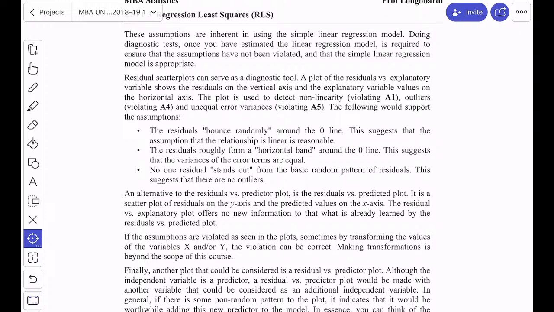If there's a pattern in the residuals, it means that you missed an important variable and it's being captured in your error term, or your residual term. So the residuals should really, if you plot them against x, not have a pattern. They should just bounce around randomly around the 0 line. So it's like no correlation. There should be no correlation between the residuals and the explanatory variable.